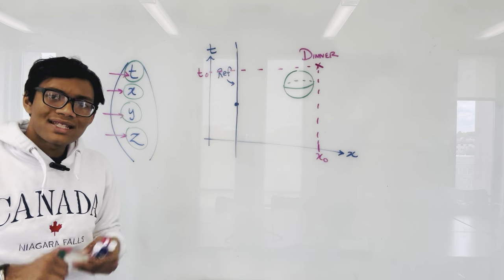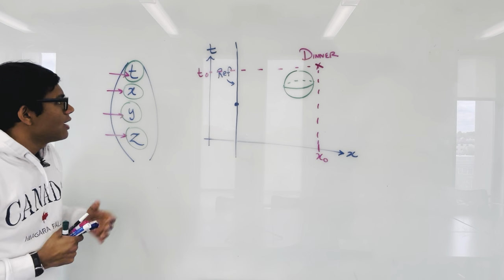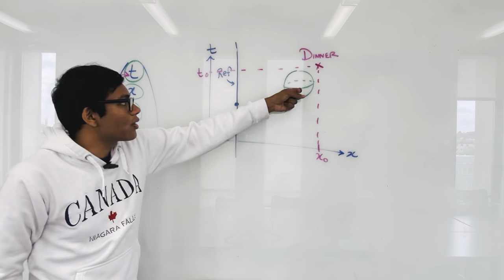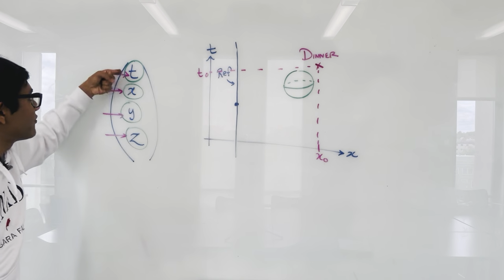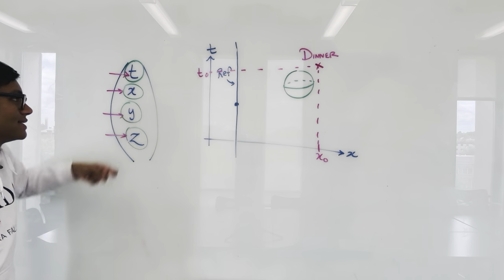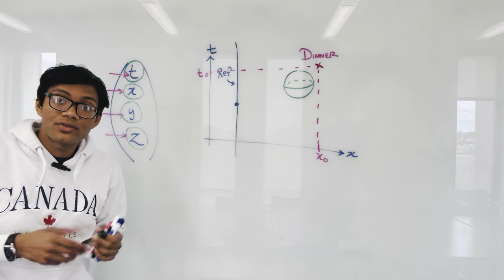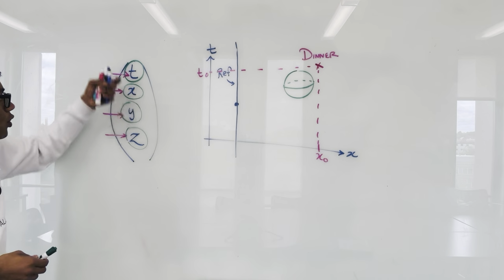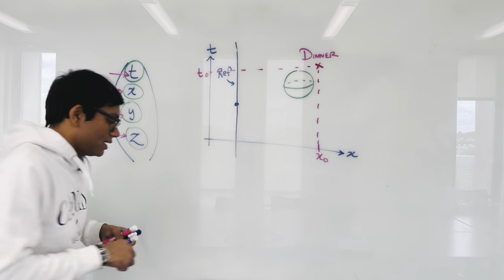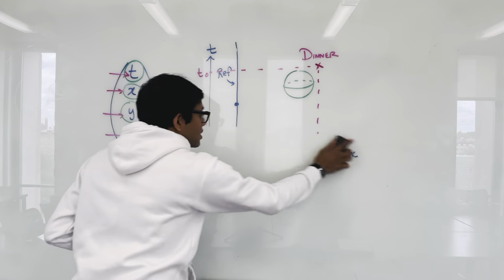Okay? So somehow we have to account for the fact that there's a black hole changing these 4 coordinates, t, x, y, and z, near the diner. So how do we do that? We account for those changes in our 4 coordinates by using the metric. The metric tells us how each one of these coordinates change.